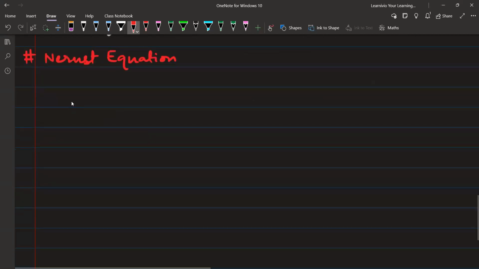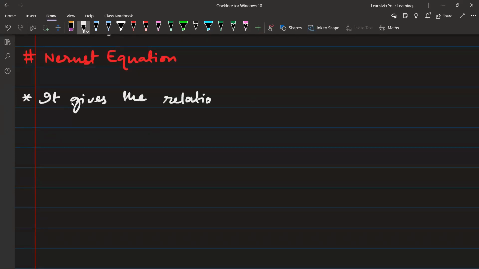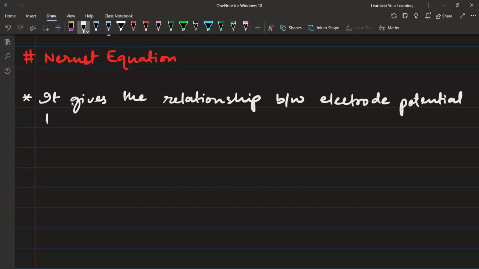It gives the relationship between electrode potential, temperature, and concentration of ions.